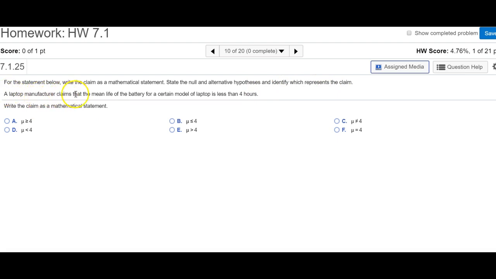A laptop manufacturer claims that the mean life of the battery for a certain model of laptop is less than 4 hours. So he says the mean life of the battery is less than 4 hours, and that's what he claims. I'm just going to say claim.